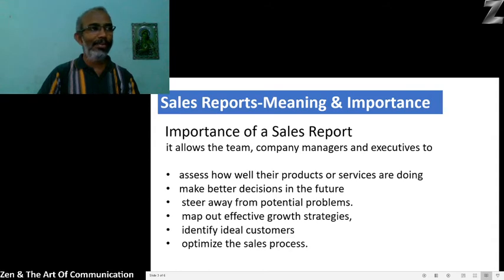Next is identify ideal customers. Are all customers ideal? Definitely not. Some customers remain with you, grow with you, support you. These customers need to be taken care of. There are customers who will occasionally come in, buy from you and then leave. You will have to pay different amounts of attention to different types of customers. Customer A, who was with you and will be with you, definitely needs more attention.